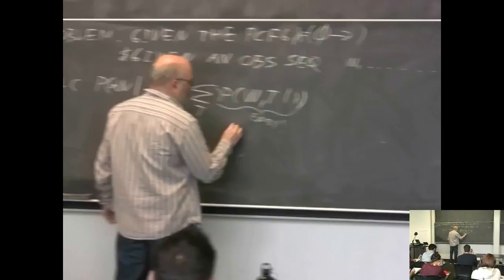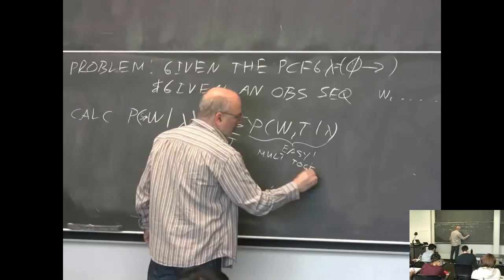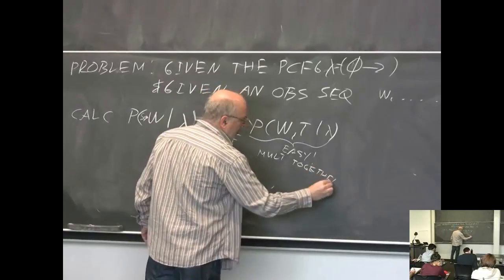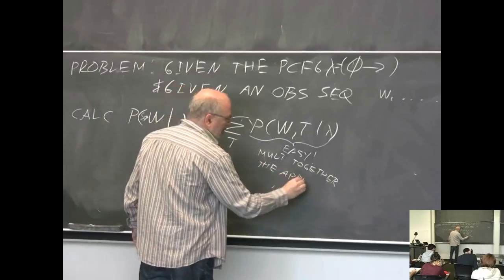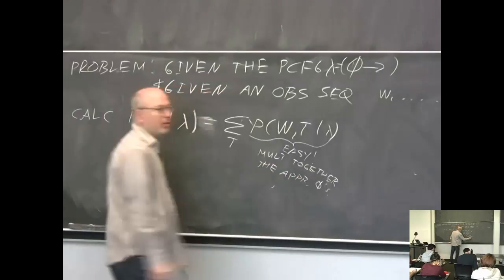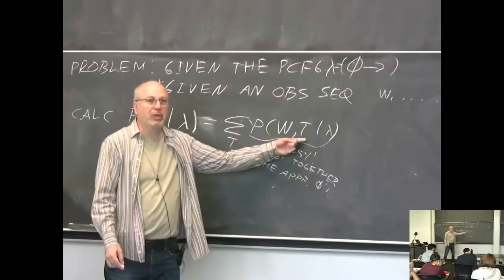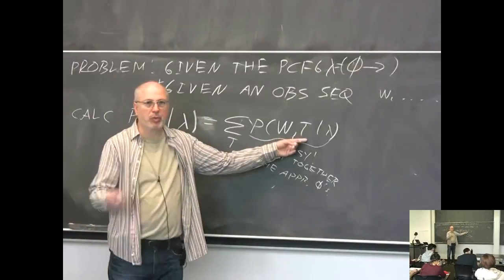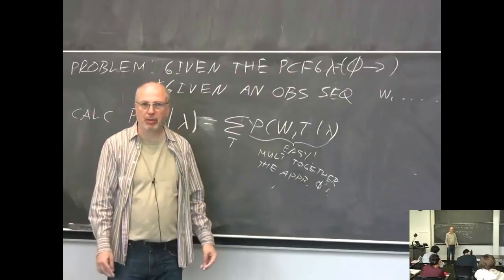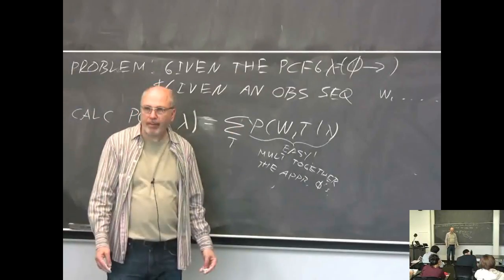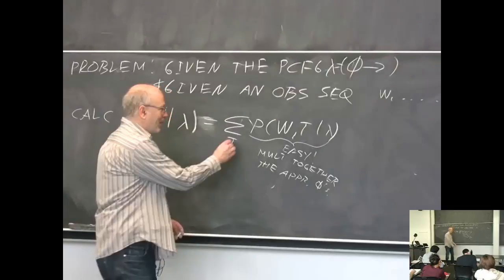Multiply together the appropriate thetas. Since you're given the tree, you know which transitions were used, where, and you just multiply all of them. It doesn't even matter in what order. Where's the problem? The number of trees.